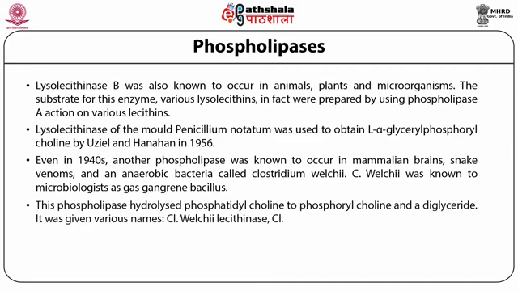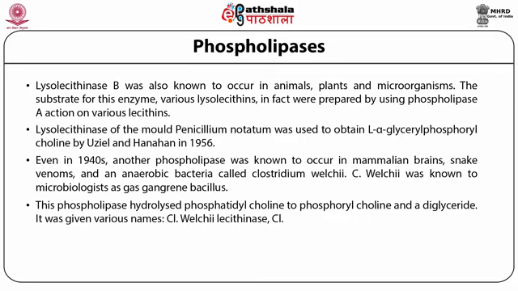This phospholipase hydrolyzed phosphatidyl choline to phosphoryl choline and a diglyceride. It was given various names: Clostridium welchii lecithinase, Clostridium welchii alpha toxin, lecithinase D. It was eventually called phospholipase C.